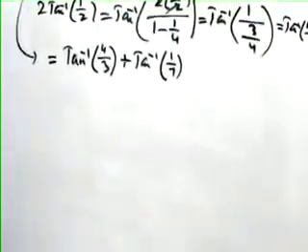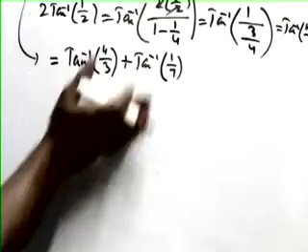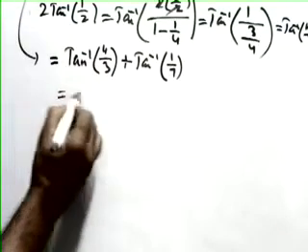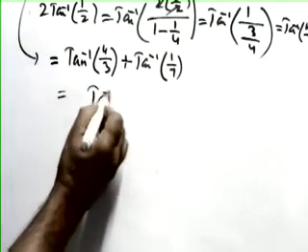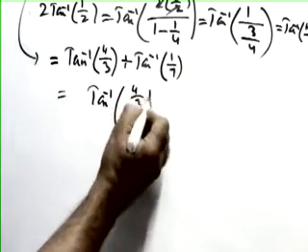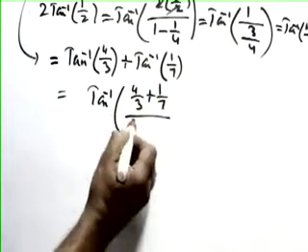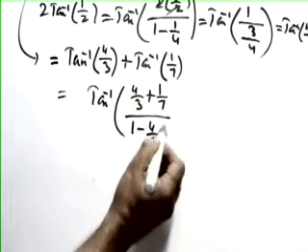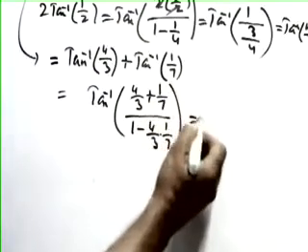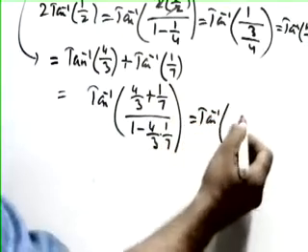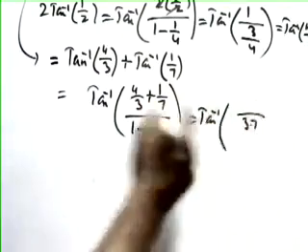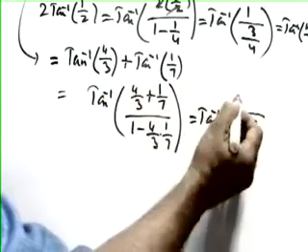Now again we get the formula: tan inverse x plus tan inverse y is tan inverse x plus y divided by 1 minus x into y. Let me take LCM. Tan inverse, if you take LCM, this will be 3 into 7.